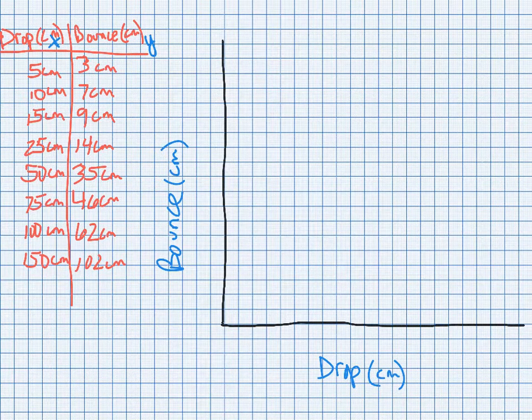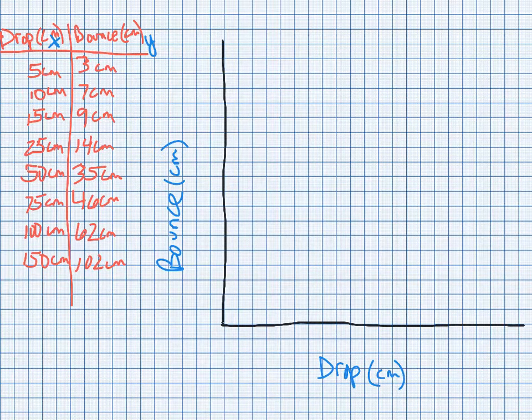And now we have to figure out how to do our intervals, knowing that we have only so many boxes available. In this case, I think I counted about 19 or 20 along here for the drop, and for the bounce, maybe another 19 or 20.